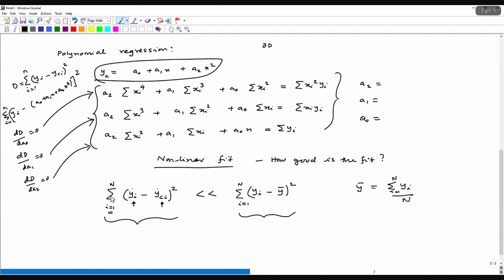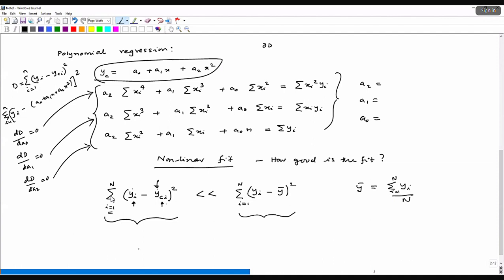That means the scatter of data with respect to the regression curve has to be less than the scatter of data with respect to the mean.